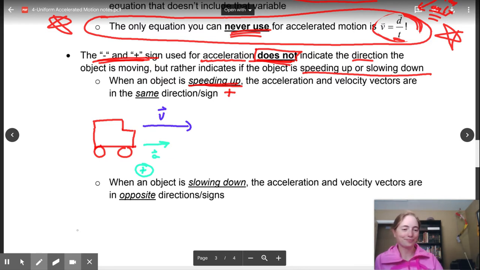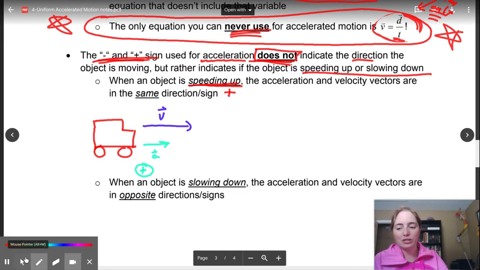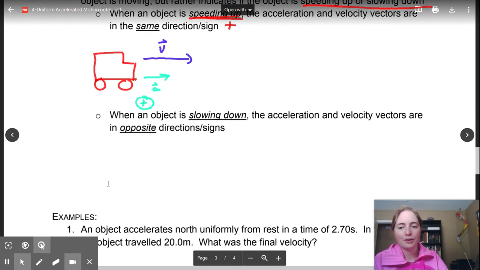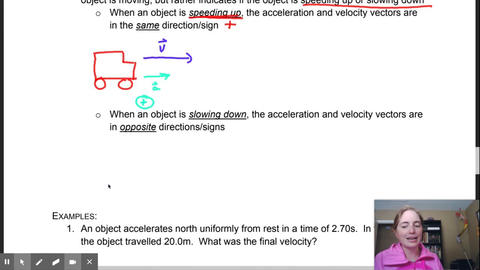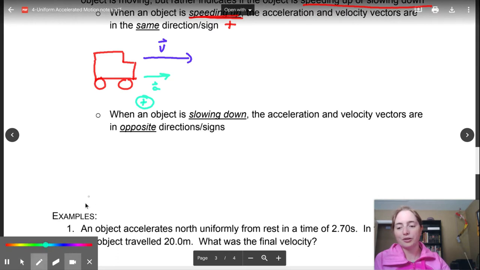Okay. So, ladies and gentlemen, you're still going east. Now, if you are going to be slowing down, you're going to have negative acceleration. So I'm going to draw another car here.